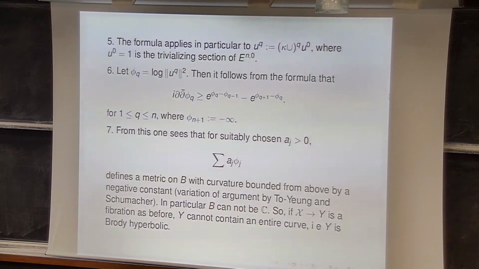So you get a metric of strictly negative curvature, which basically says that the base cannot be all of C. And with more work, one can see that if you look at the case of a general base, Y cannot contain an entire curve.